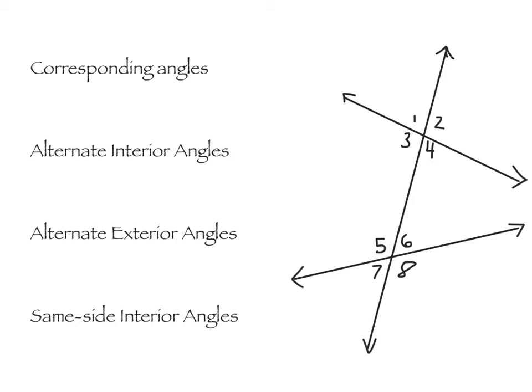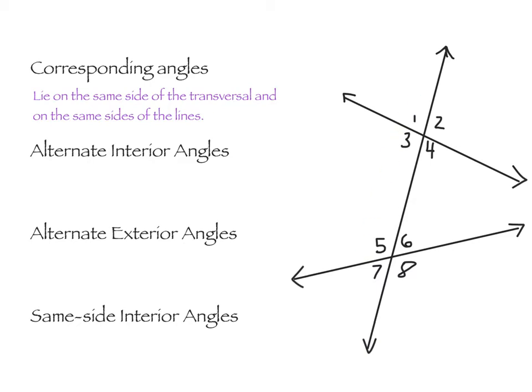So let's talk about corresponding angles. Corresponding angles lie on the same side of the transversal, on the same sides of the lines. What does that mean? So they lie on the same side of the transversal. If this is my transversal, corresponding angles either both have to be over here or both have to be over here.